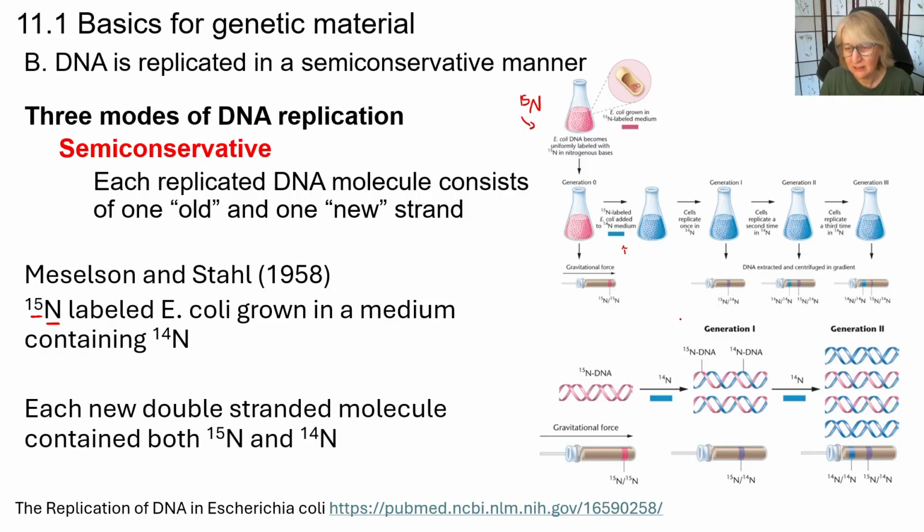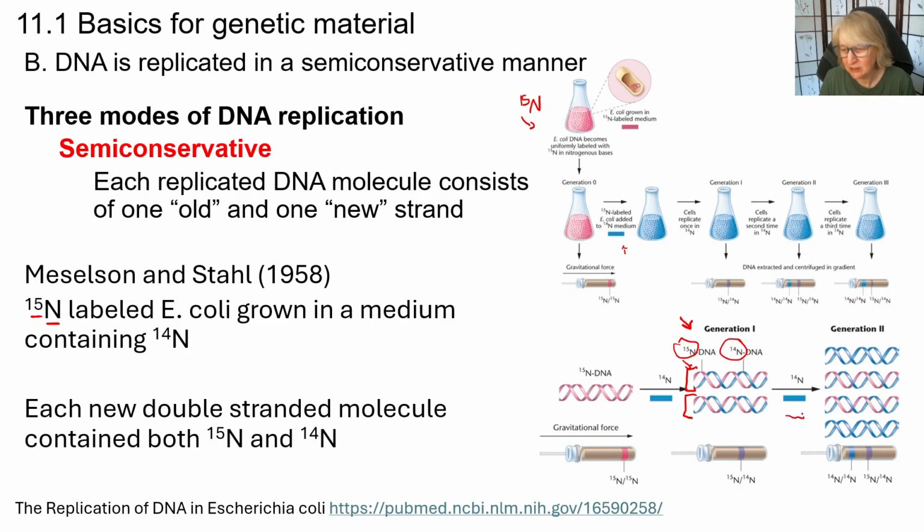And what they found as they went through the experiment was that it showed semi-conservative replication. Each new daughter piece of DNA was built out of the solution that was available, nitrogen 14. And so each new replicated strand ended up having 1/2 nitrogen 15, 1/2 nitrogen 14.